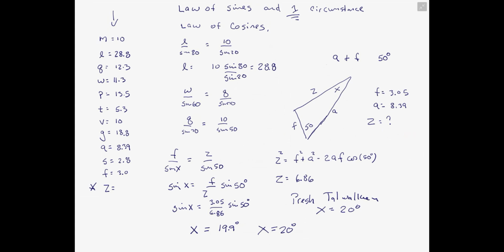So I ended up defaulting to something more applicable. And in the end, I end up with the same answer when you round out to the same number of decimal places, which is 0 decimal places. And I end up with 20 degrees. 19.9 rounds up to 20 degrees.